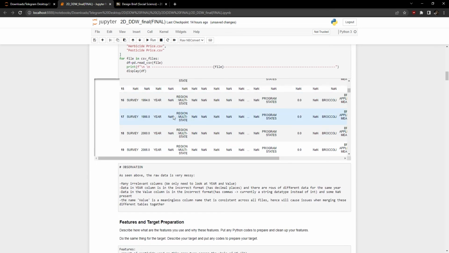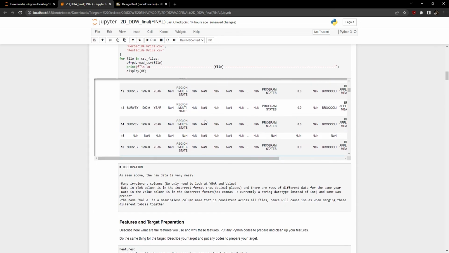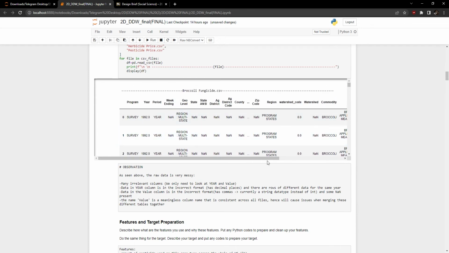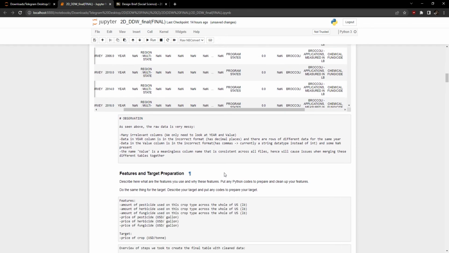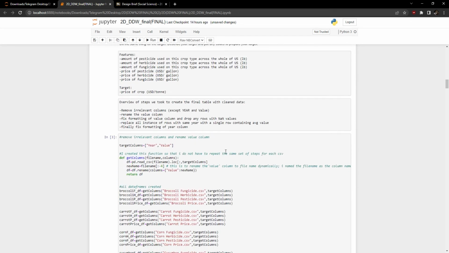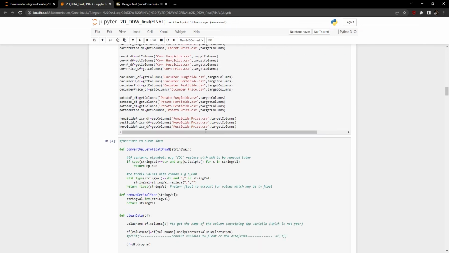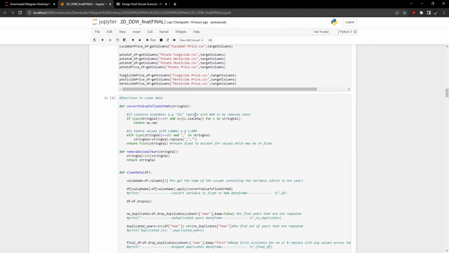So first, our data set includes a lot of irrelevant data as well as wrong formatting. So what we did: we sliced the data into only relevant columns, and then with this function we return np.nan for non-numbered values, and to remove commas in numbers.